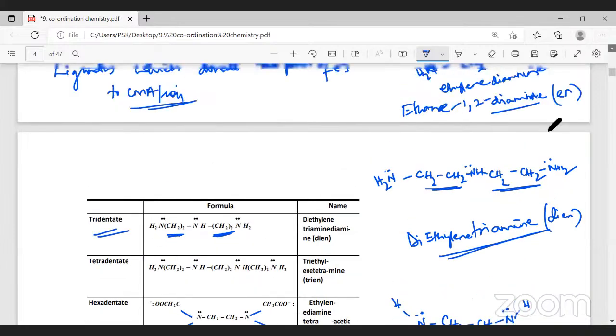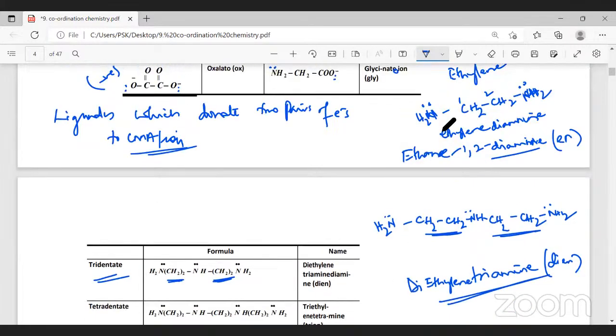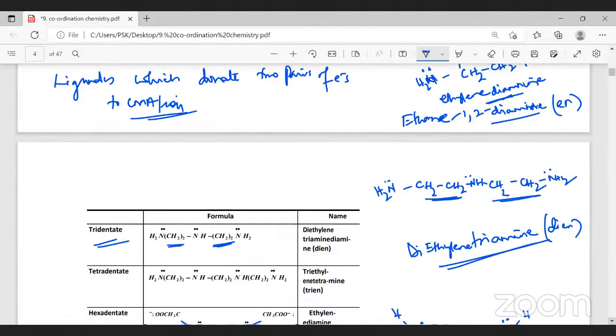It is ethylene diamine. See here? Ethylene diamine, CH2, NH2, NH2. Or it's called ethane 1,2 diamine. It's a neutral bidentate ligand.